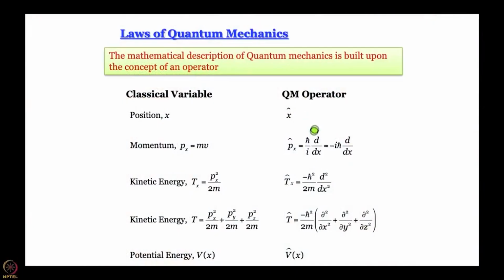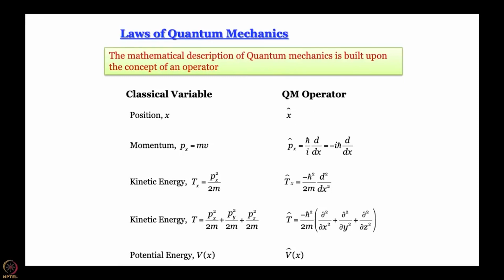The first one is that for every classical variable, say position, momentum, kinetic energy, potential energy, there is a corresponding operator one can use in quantum mechanics. For example, for position, the quantum mechanical operator will be just x, that is multiplied.